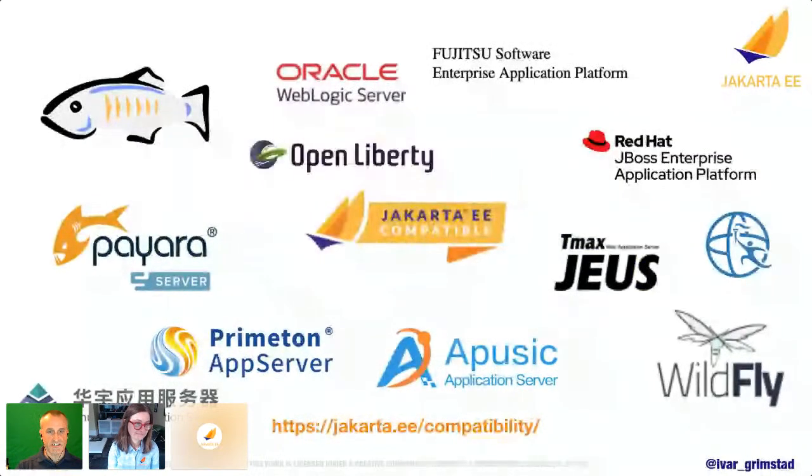Each specification has at least one compatible implementation, but we also have compatible products, and these are the products that are implementing the Jakarta EE platform profile or the web profile. This is the list we have currently on our webpage, and there are new ones coming every day. So it's a pretty big ecosystem so far.